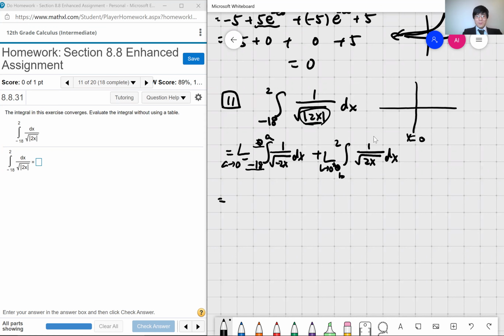So after the integral, it's going to be the square root of -2x, from -18 through a, with the limit, and the same function, square root of 2x, from b through 2.